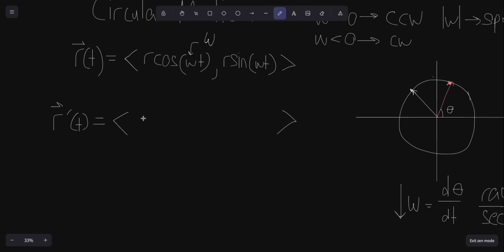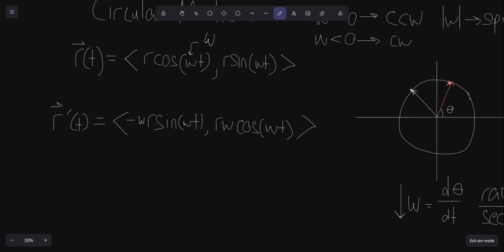The derivative of cosine is negative sine, and we have this omega t, and it's going to be multiplied by omega because we're differentiating with respect to time. So we have to use the chain rule. And so this is going to give you negative omega times r sine of omega t.